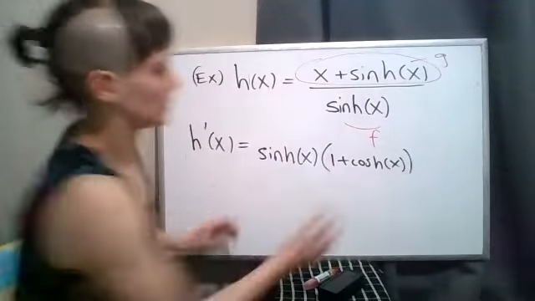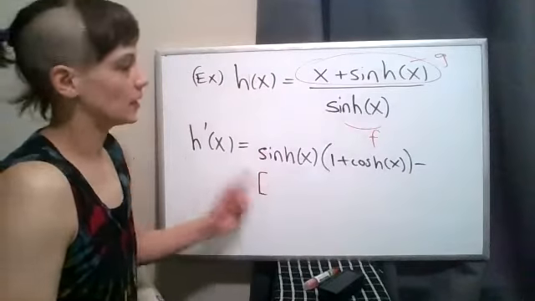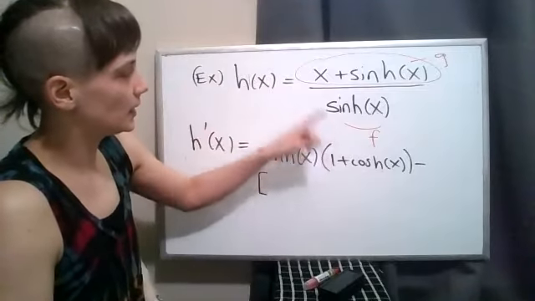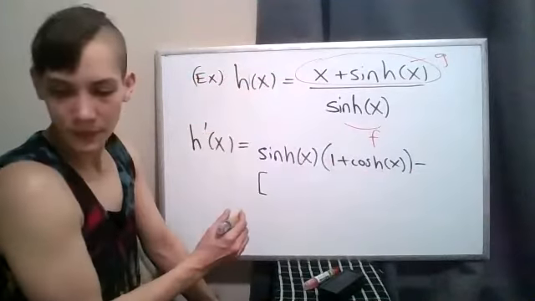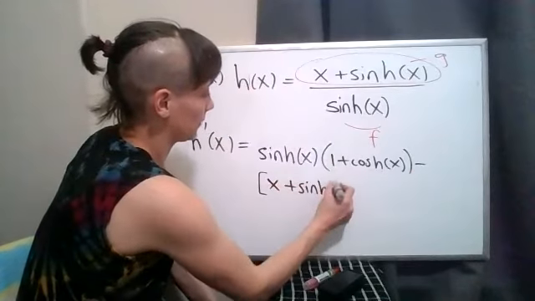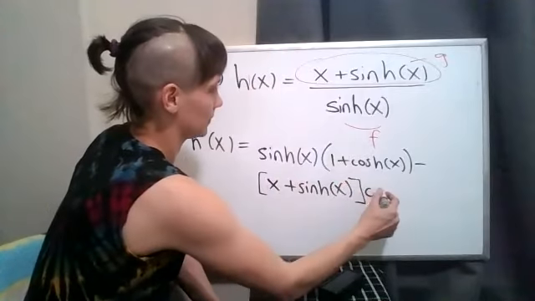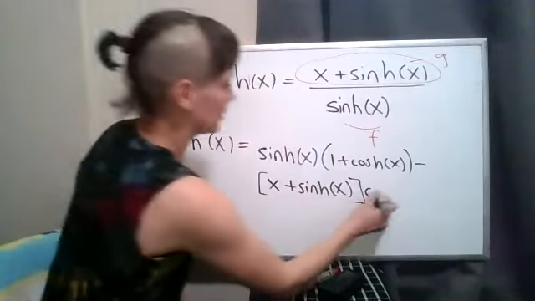Okay, minus this next term. This is all in the numerator. So this times this minus that times the derivative of that. Derivative of sinh is cosh.